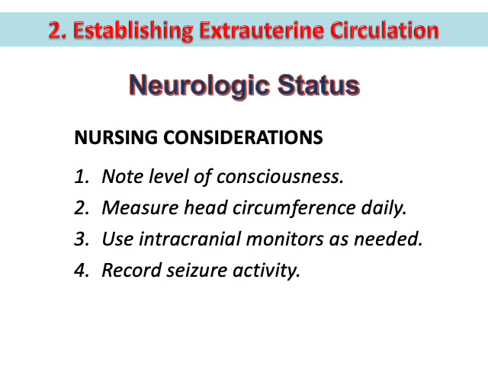A healthy newborn's head circumference is set at 33 to 35 cm. Measuring it is very important to detect possible problems of the neurologic system. You can detect the possibility of developing hydrocephalus or increased intracranial pressure.